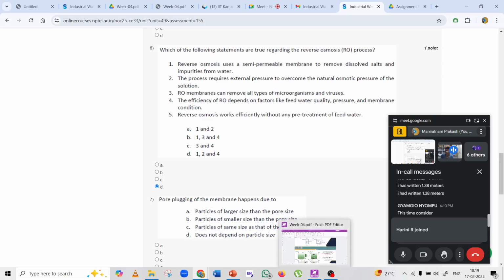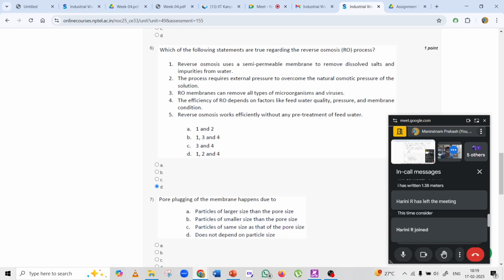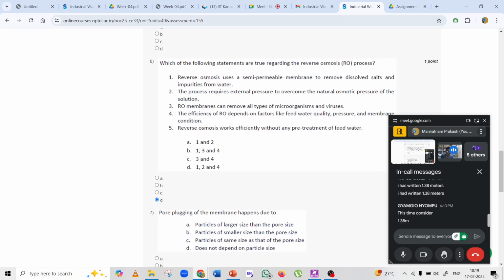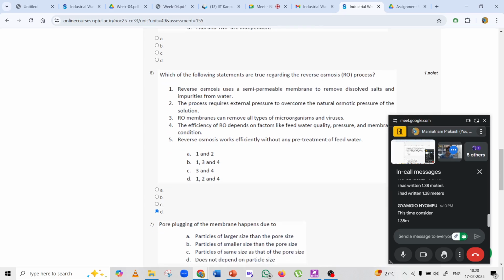But as per theory, if someone asks whether reverse osmosis can remove bacteria and microorganisms or not, I would say yes, it can remove. But seeing these options, there is no 1, 2, 3, 4 option, so the best suitable option here is D. So I will be going with option D.